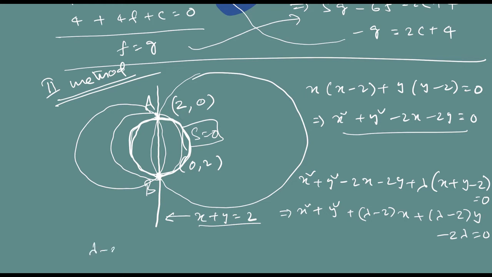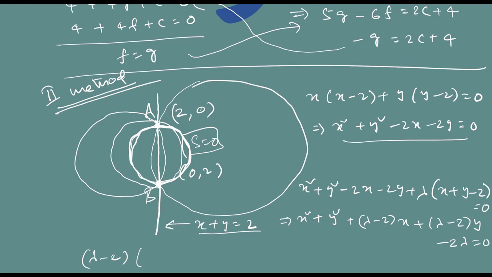2g g dash, that's 5 by 4, plus 2f f dash is equal to c plus c dash. Now let's write the value of lambda from this.